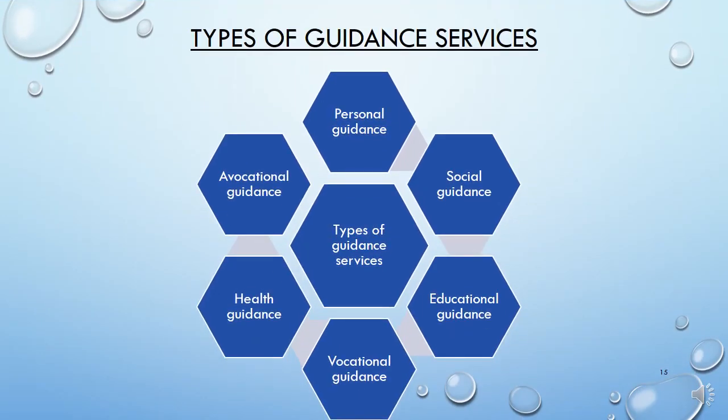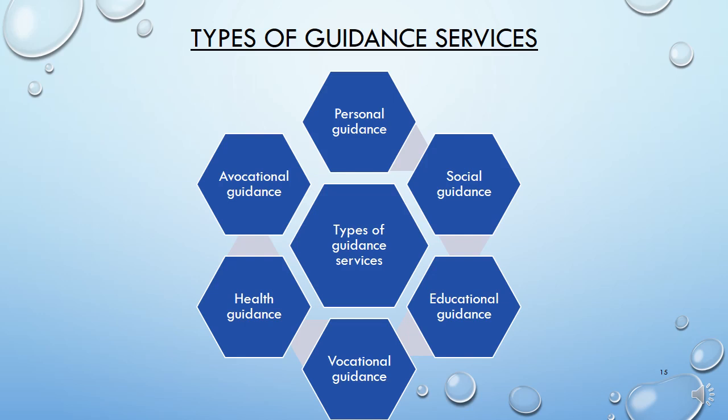Next is types of guidance services. There are different types of guidance services provided, like personal guidance, social guidance, educational guidance, occasional guidance, health guidance, and vocational guidance. So you know very well what is personal guidance and what is social guidance.